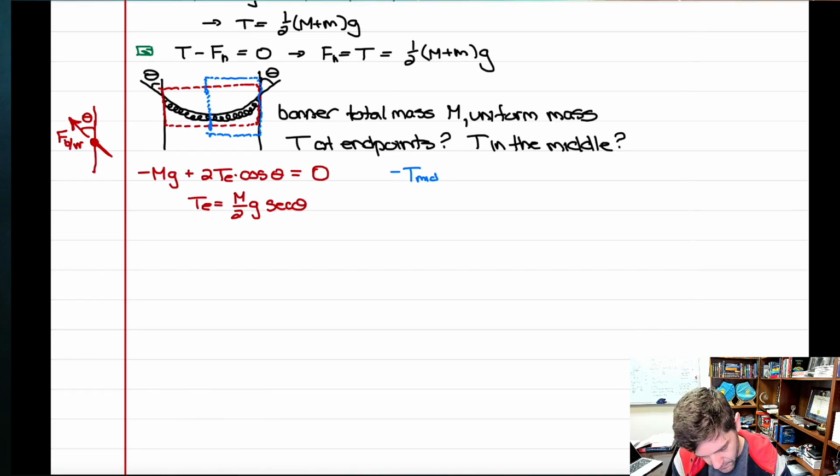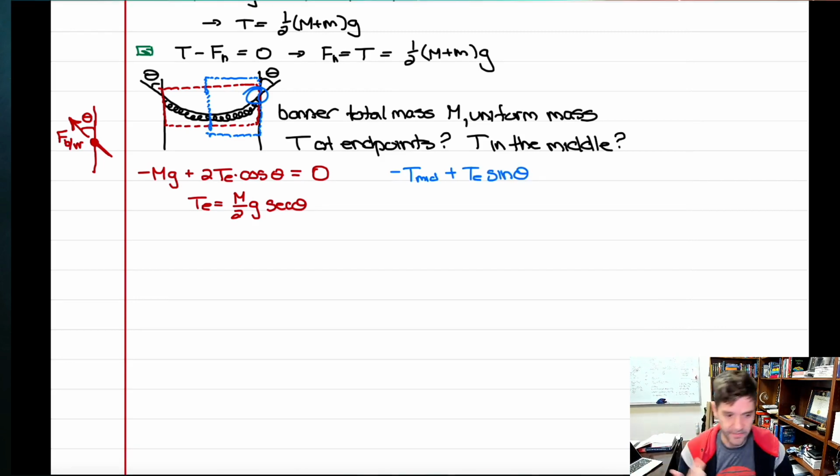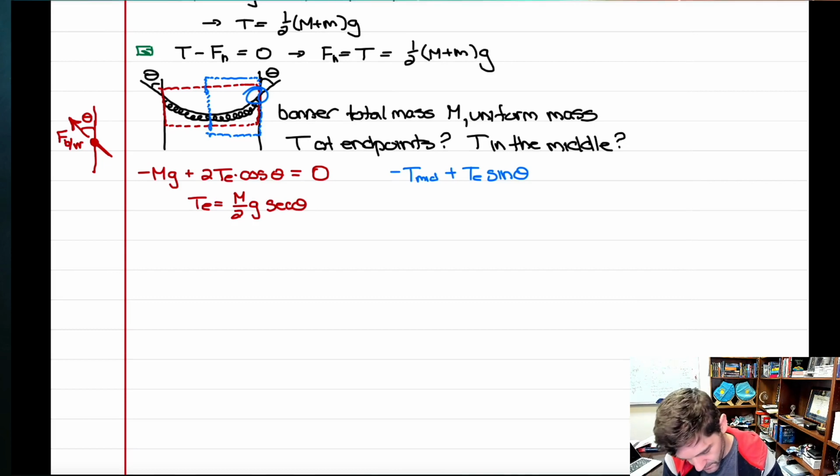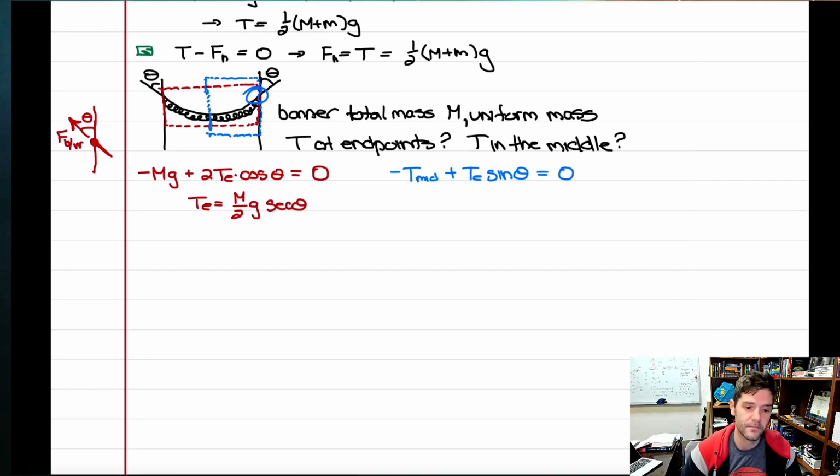And then there is a horizontal component of the tension at the end, but only one for this particular system. So then this looks like plus T end times, not cosine in this case, but sine of the angle. And that better equal 0, because there's no acceleration as a result.